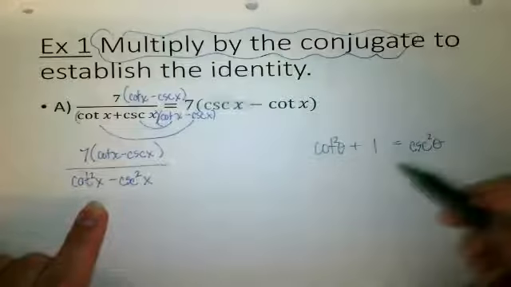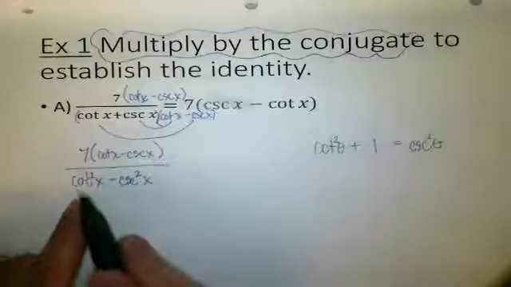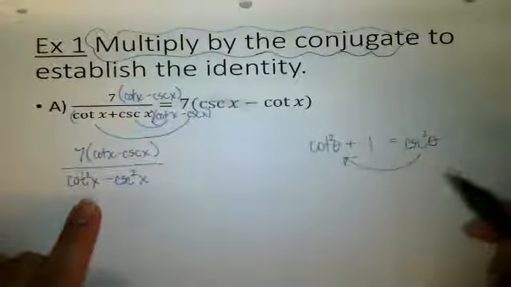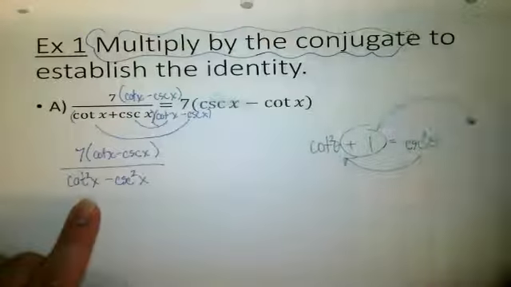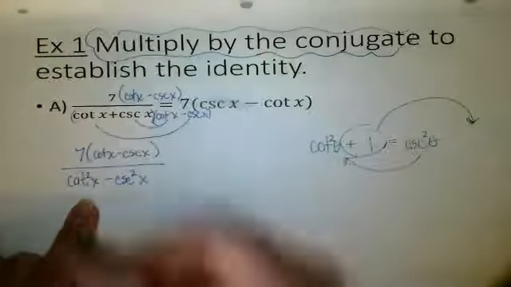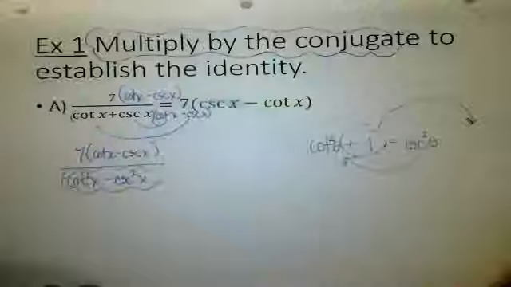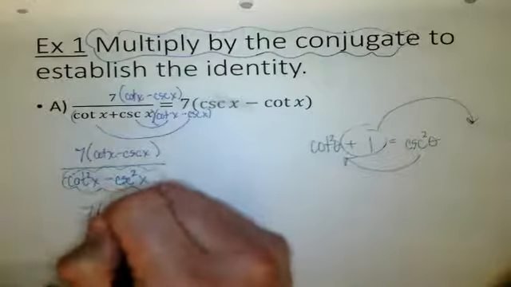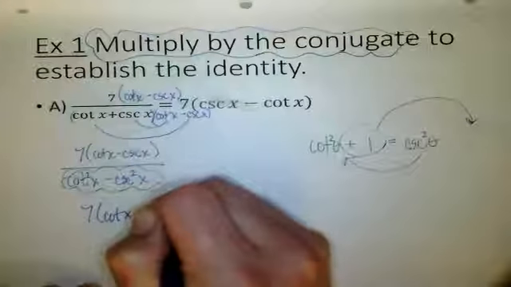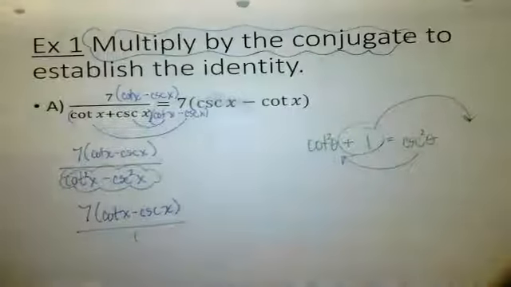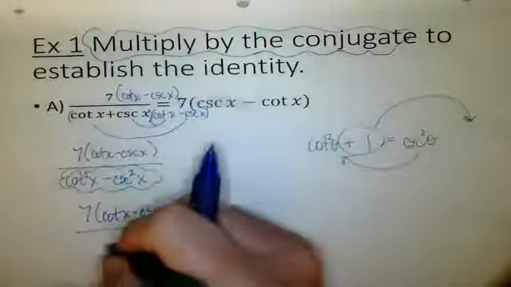Cotangent squared theta plus 1 equals cosecant squared theta. So cotangent squared of x minus the cosecant squared is negative 1. So we have 7 times the quantity cotangent of x minus cosecant of x, all over that Pythagorean identity of negative 1.